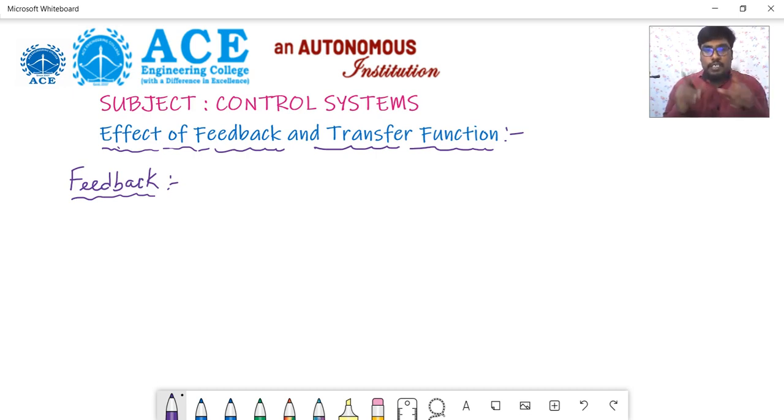The major difference is that closed loop systems consist of a feedback path, right? So due to the feedback path, whatever variations happen in the system are automatically corrected at the output. Therefore, we will get the desired output, the output which we want, so it is controlled, I can say.